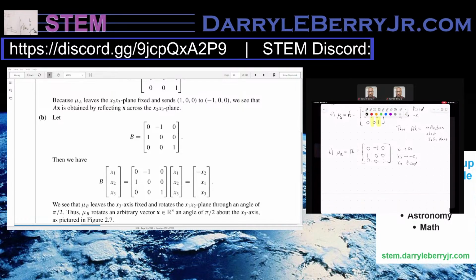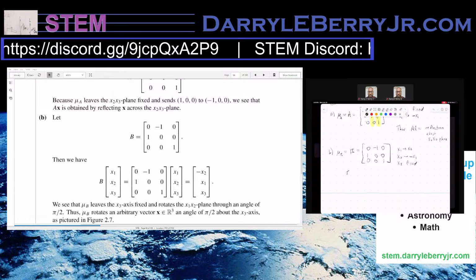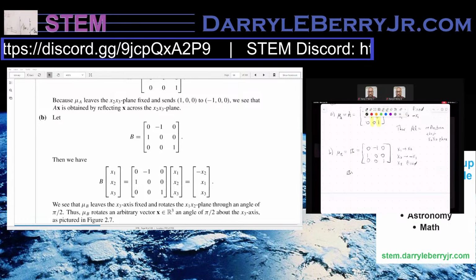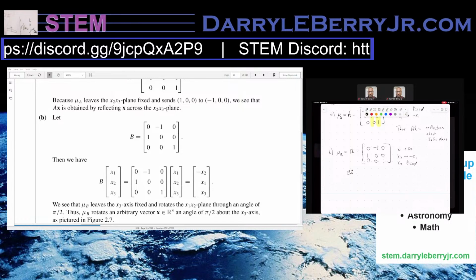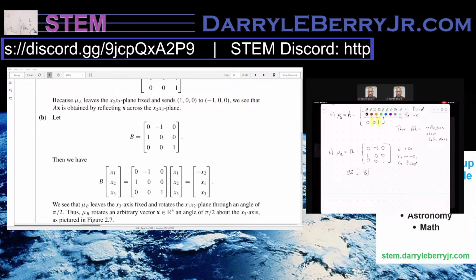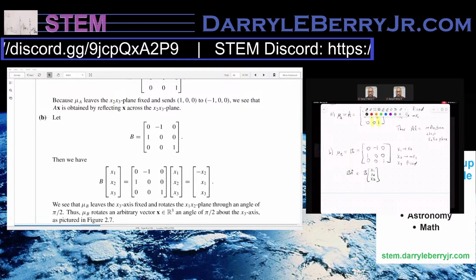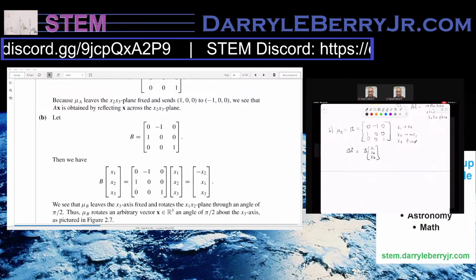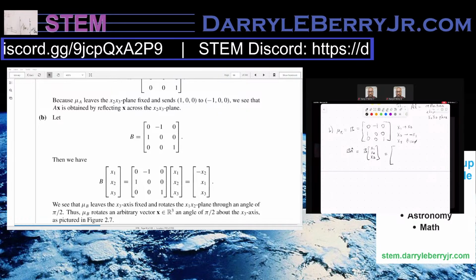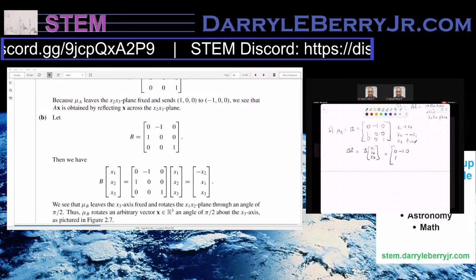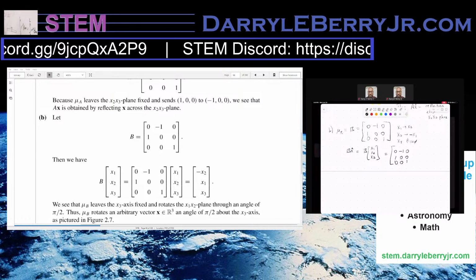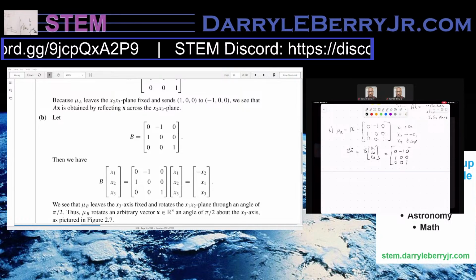Then we have B x equals B times x1, x2, x3. So that equals 0, -1, 0, 1, 0, 0, 0, 0, 1 going across the rows.